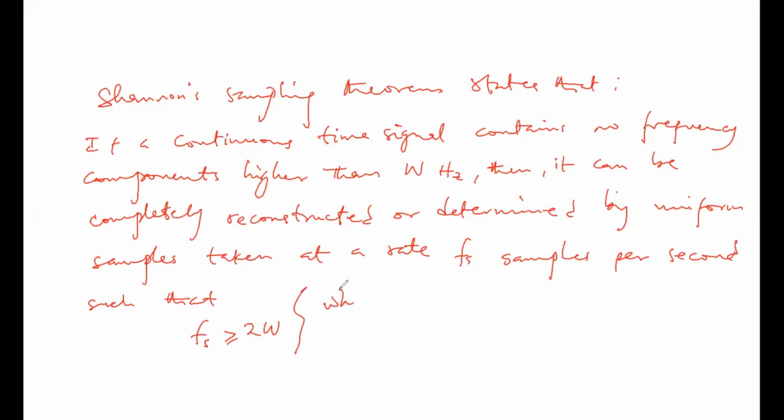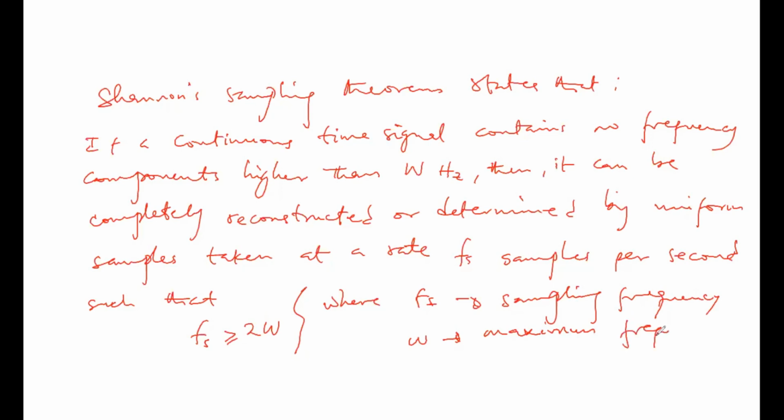And then f sub s is the sampling frequency. So it means that the sampling frequency must be greater than or equivalent to twice the maximum frequency of that signal for it to be completely reconstructed or recovered.